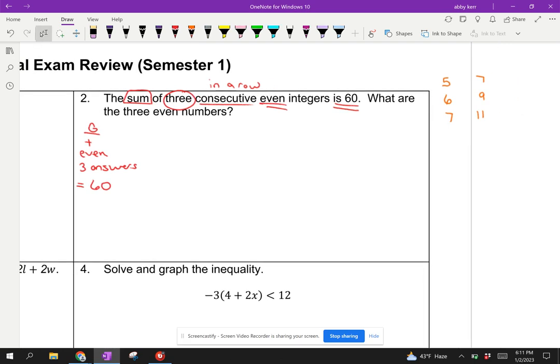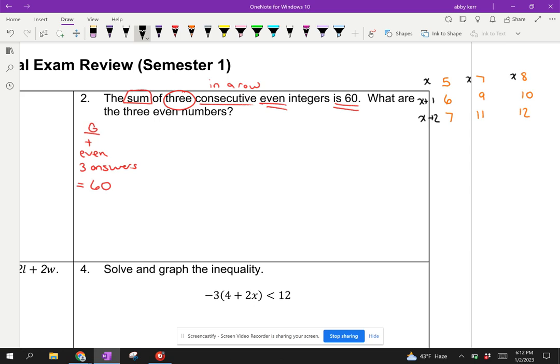And then if I just choose any consecutive integers that are even, these are known as even consecutive. So we always want our first variable or our first number to represent x. Now, when we're not talking even or odd, to get to the next number, we're just adding 1. To get to the following number, we're adding 2.